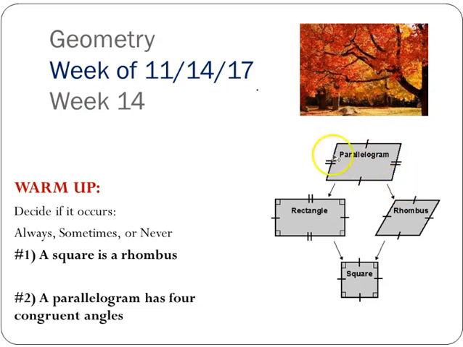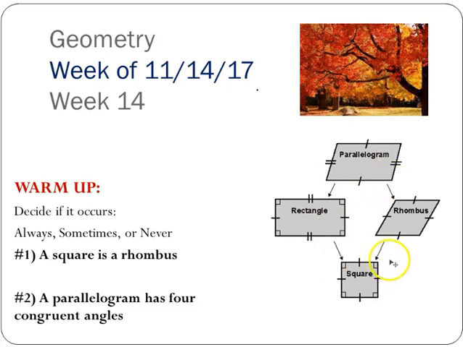So remember, parallelograms have some characteristics or properties, such as opposite sides are parallel and congruent, opposite angles are going to be congruent, diagonals will be congruent. And then as we get into the special types of parallelograms, they're going to have even more specific properties that include all the properties of parallelograms.